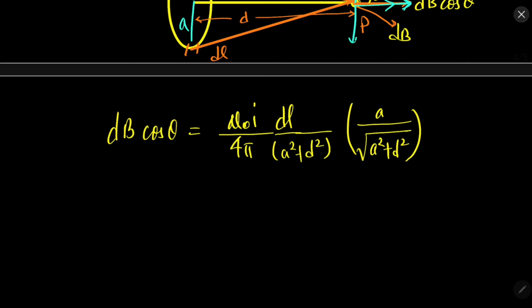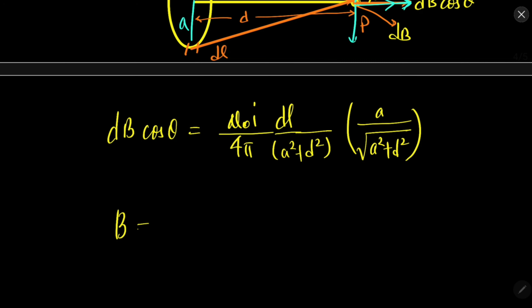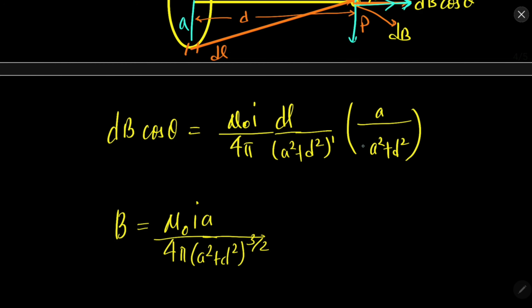So now ultimately B will be equal to mu naught I a over 4 pi (a square plus d square) to the power 3 by 2, since this is 1 and this is 1 by 2, so 1 plus 1 by 2 becomes 3 by 2, into dl.